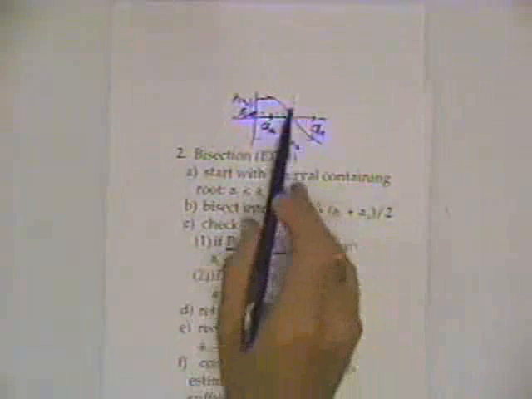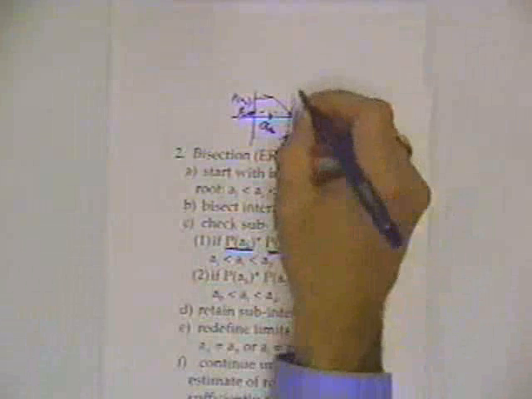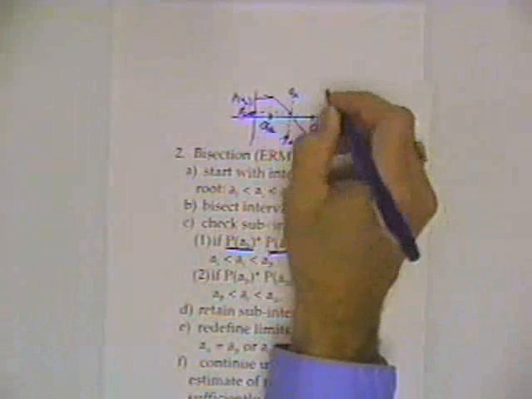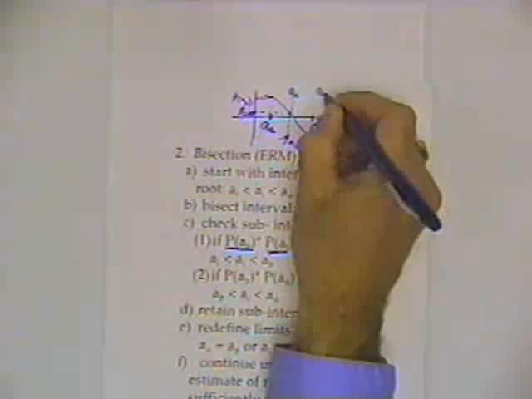So in this case, as we've drawn it here, you would calculate that the root lies on the upper subinterval. So what you would do is retain that subinterval and then redefine the problem so that now we say this will be the lower limit, this will be the upper limit, and we'll go through the process of bisecting it again.